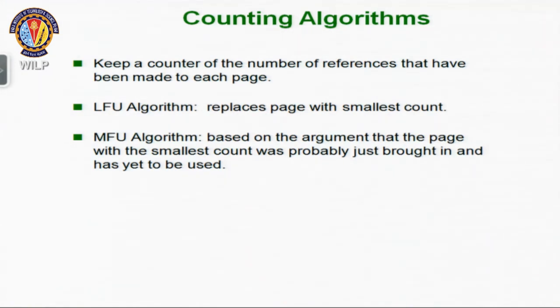So there would be a drawback. Either we use a least frequently used or a most frequently used algorithm, both of them would suffer from such drawbacks which I just mentioned.